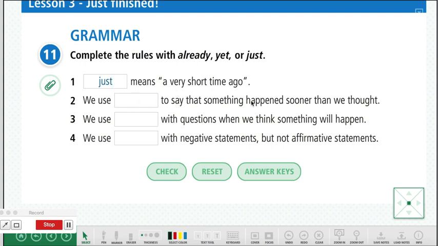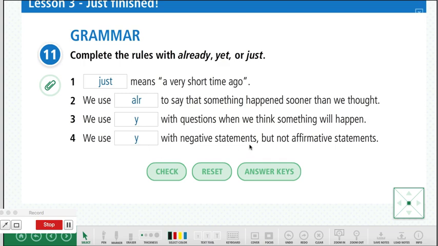Now, we use already, yet, or just to say that something happens sooner than we thought. Sooner. You remember? That is already. Perfect. Then, which one is used with questions and negative? Yes, it is yet.